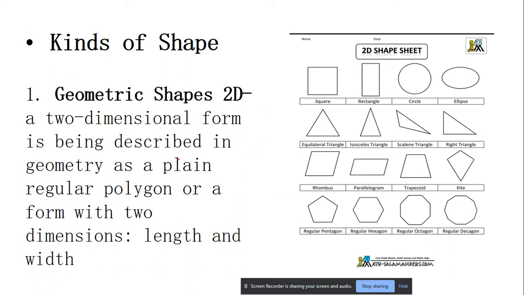The geometric shapes 2D. A two-dimensional form is described in geometry as a plane, regular polygon, or a form with two dimensions, such as length and width. This one.